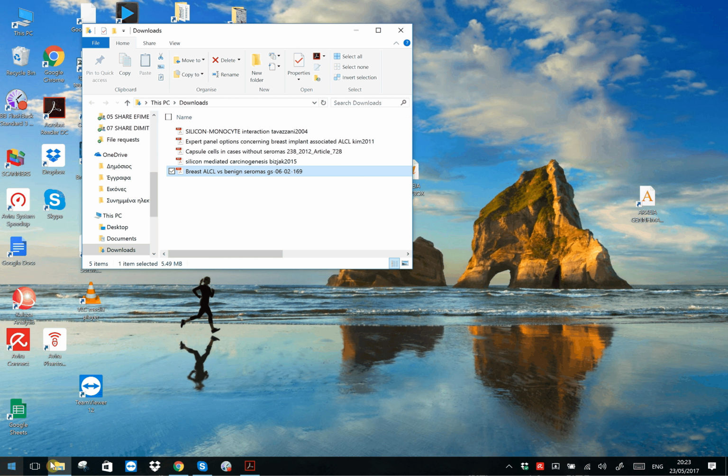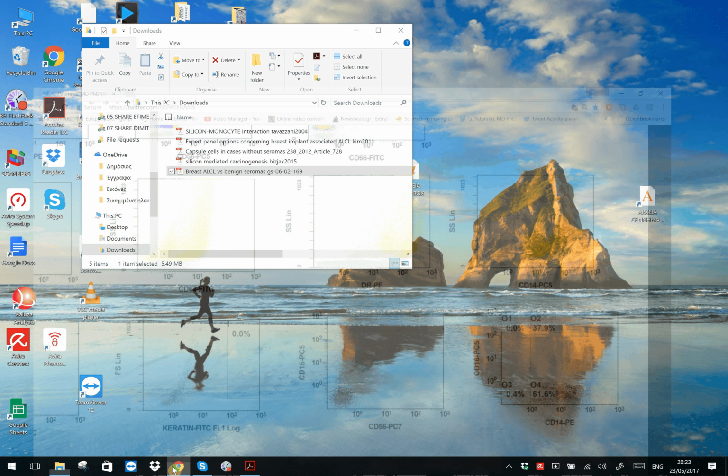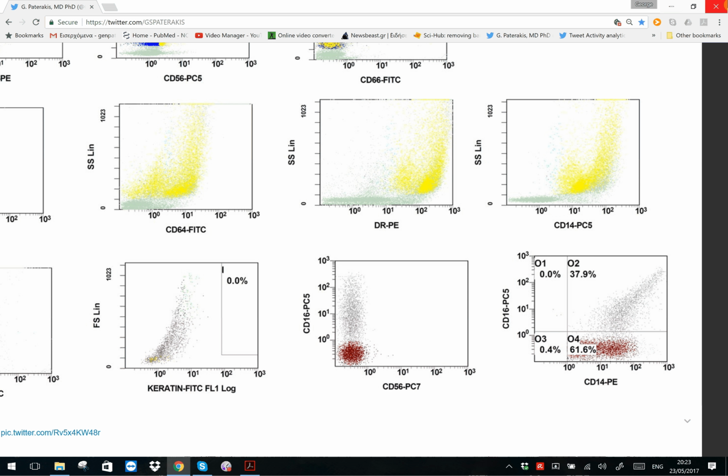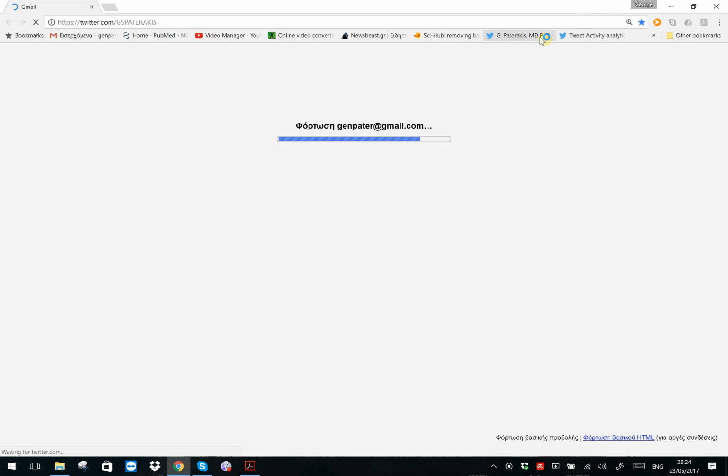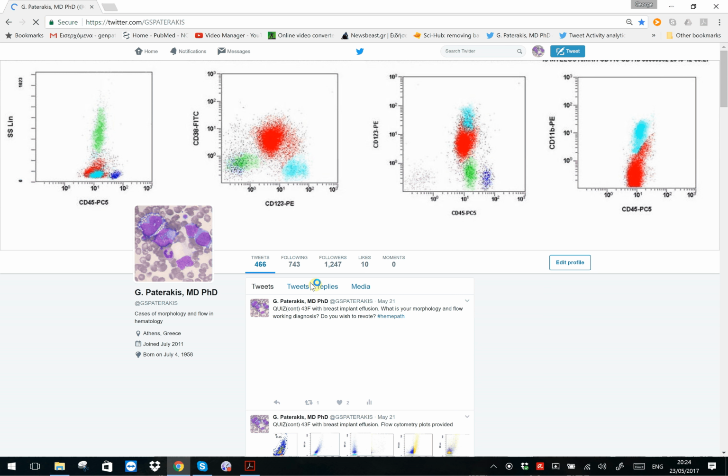So we get again to see these cells. Do they look like monocytes? They look like it. And immunophenotype similarly proves that these cells are monocytes.